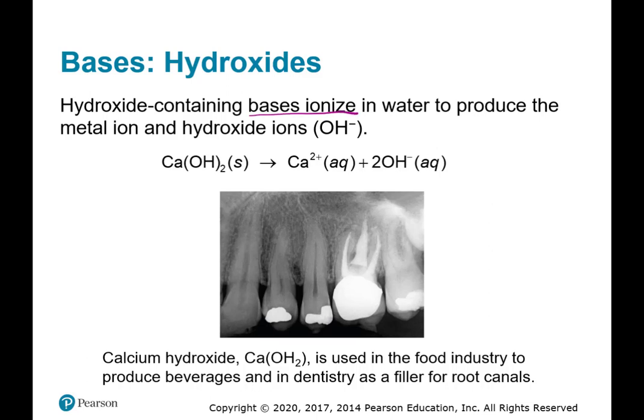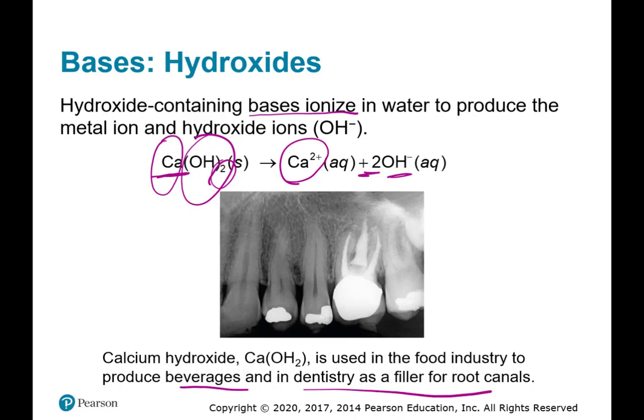Hydroxide-containing bases ionize in water to produce the metal ion and the hydroxide ions. Calcium hydroxide dissociates into 1 Ca 2+ ion and 2 hydroxide ions. In fact, calcium hydroxide is used in the food industry to produce beverages and in dentistry as a filler for root canals.